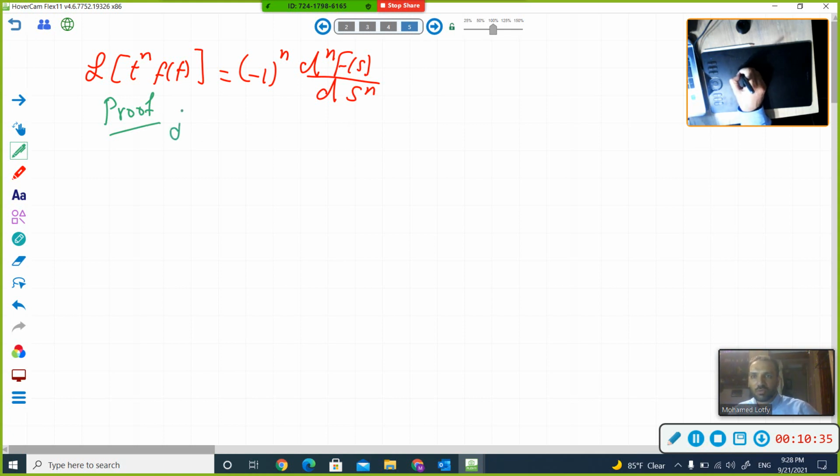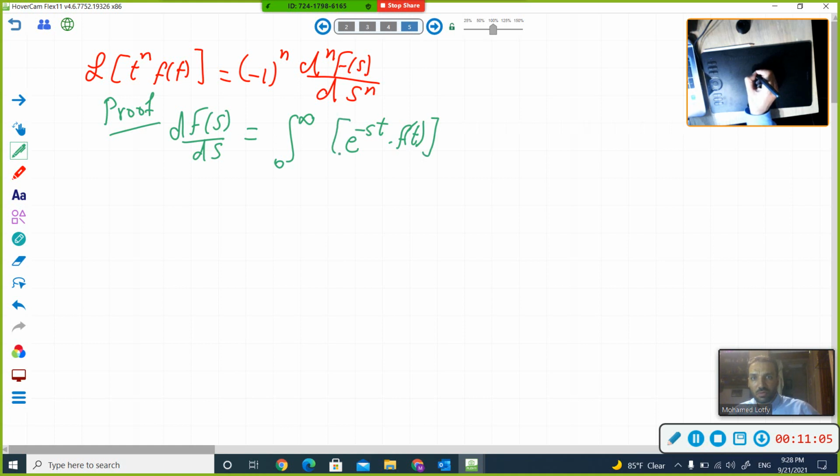How can we prove this rule? Let's start with dF(s)/ds. From the definition of F(s), it is the integration from 0 to infinity of e to the power negative st times f(t) dt.